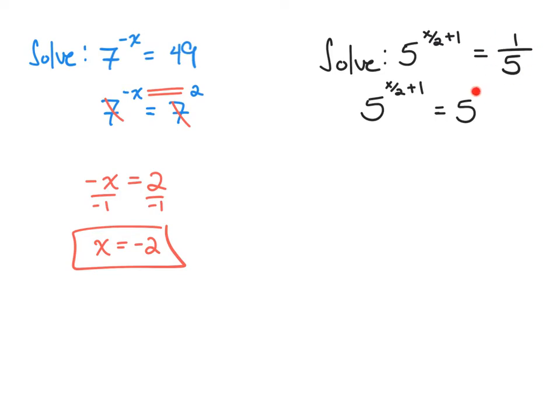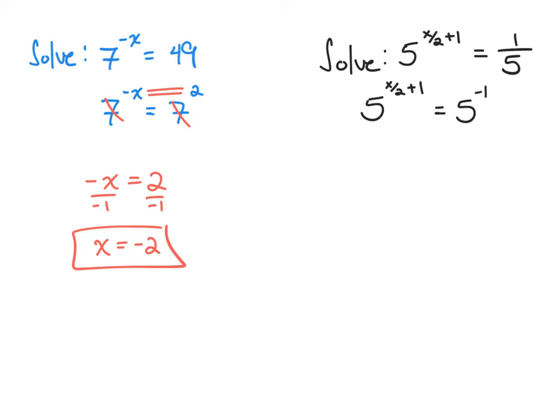What exponent will I need for 5 to move it to the opposite side of a fraction? Well, it's got to be negative. That's the only way we can flip-flop sides on a fraction. And what number do we need? 5 to what power gives me 5? Well, it's just going to be 1. 5 to the first power is 5.